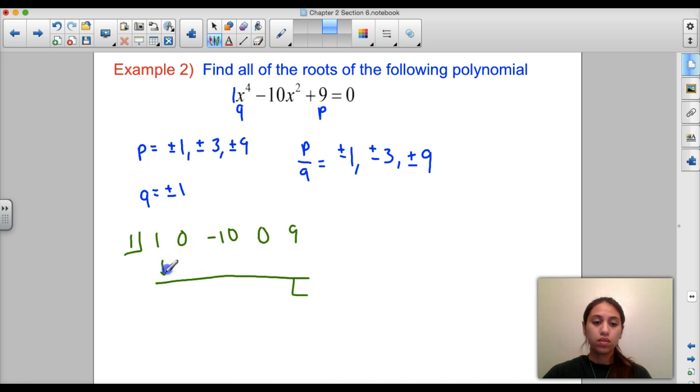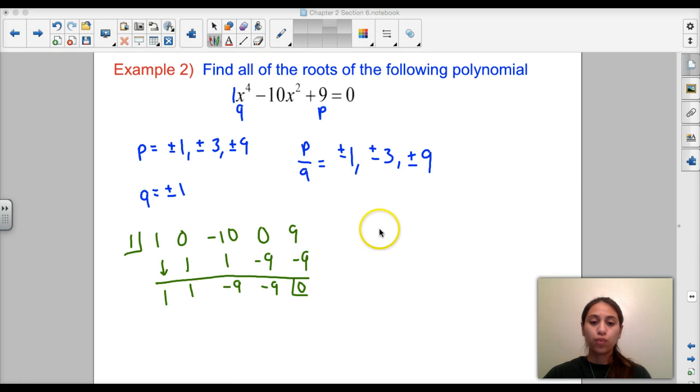Bringing down our 1, 1 times 1 is 1, adding this, 1. 1 times 1 is 1. Adding, we get negative 9. Negative 9 times 1 is negative 9. Adding, we get negative 9. Negative 9 times 1 is negative 9, and we get 0. That tells us, because we got a remainder of 0, that 1 is a root.